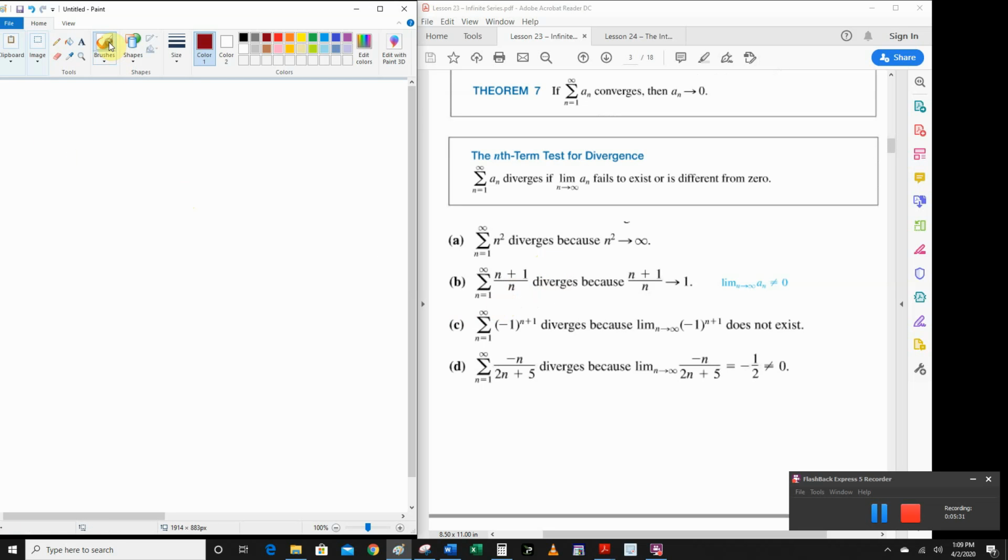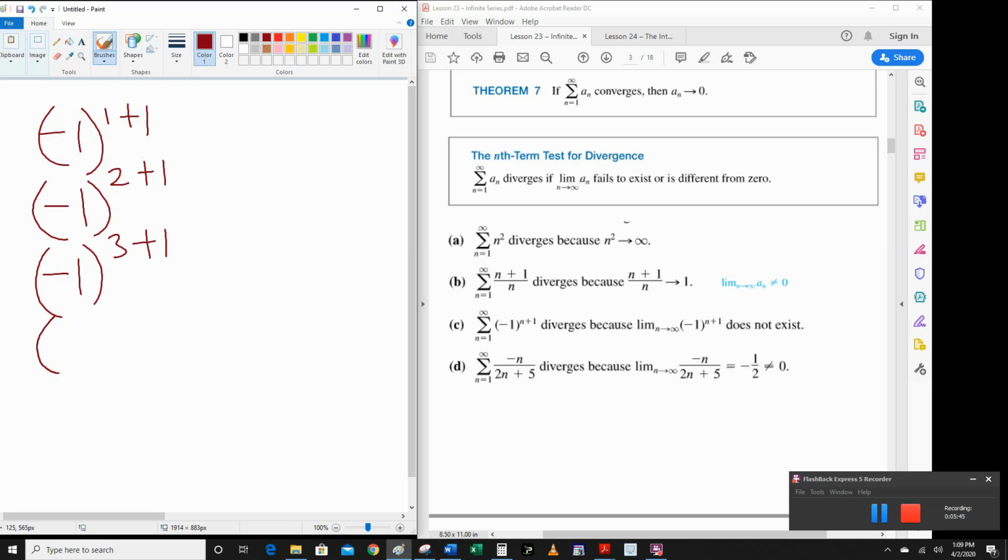Let's write out some of the first few terms. And I'm just plugging in 1, 2, 3, and 4 for n, respectively. The first one, -1 squared, is 1. -1 to the third power is -1. -1 to the fourth power is 1.